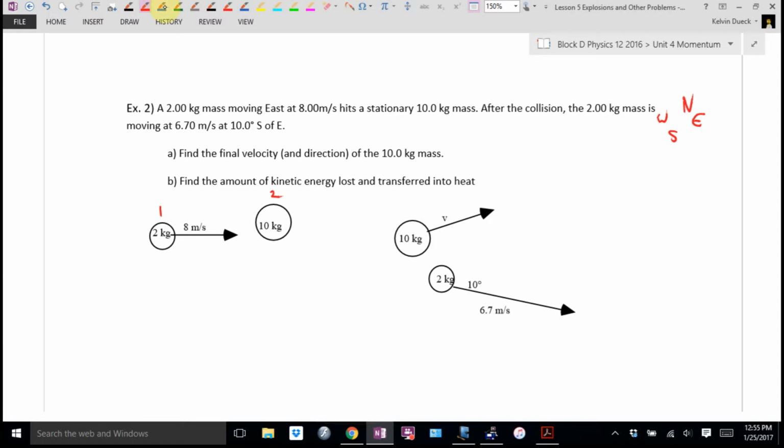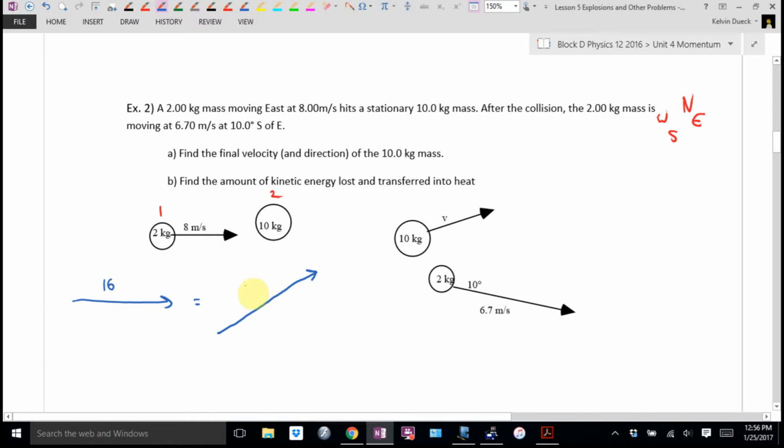So the initial momentum of mass 1 looks from the picture like that. How long is it? I knew you could do it in your head. Bam! They collide. After, it looks like I have one going that way.